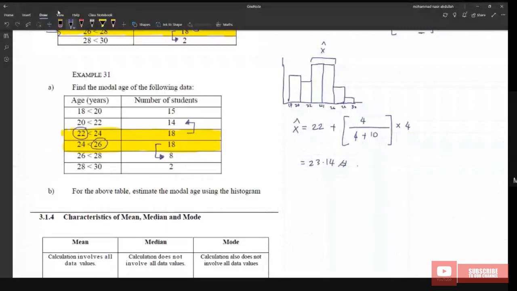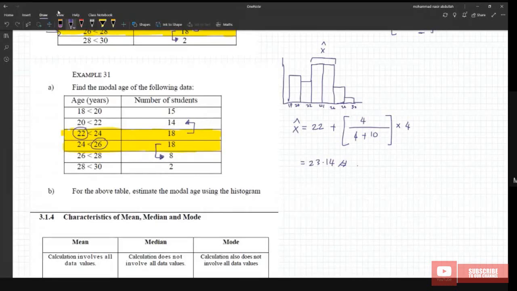Right? So most of the students are 23 years old. All right. Now, the second question is, for the above table, estimate the modal age using histogram.